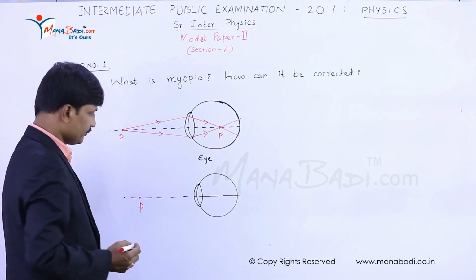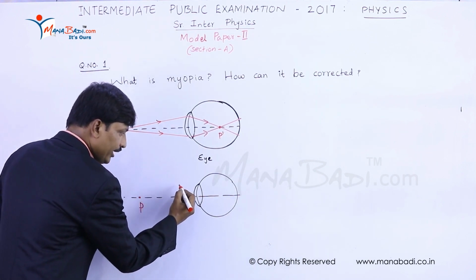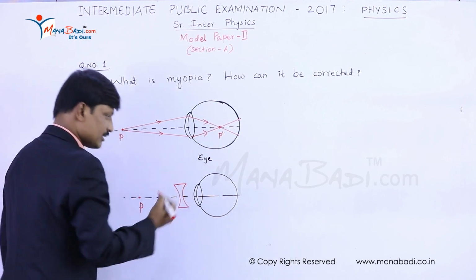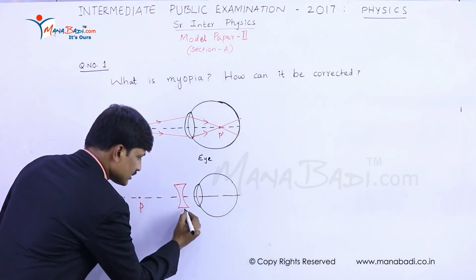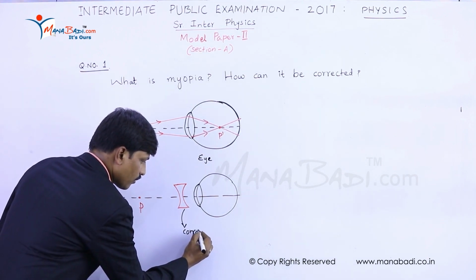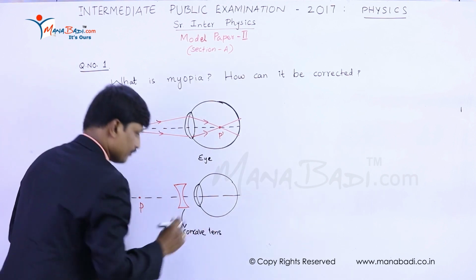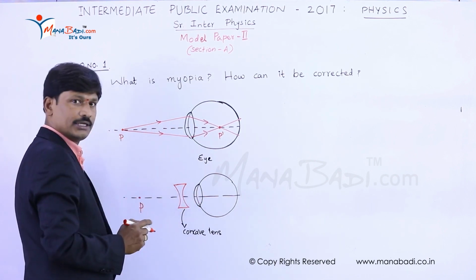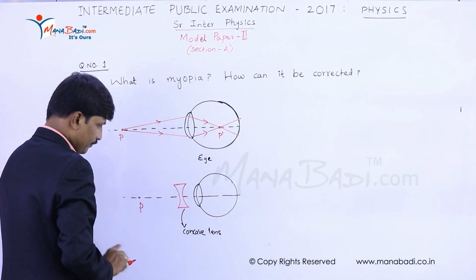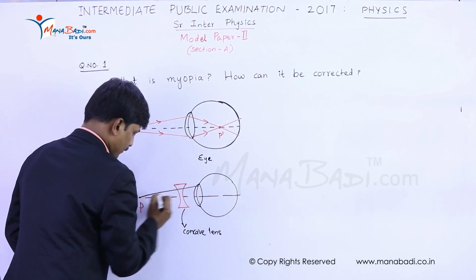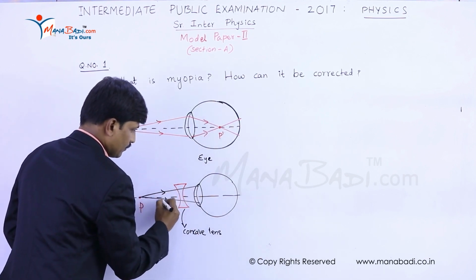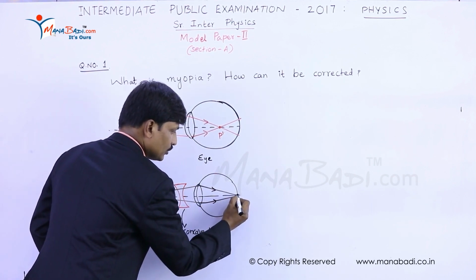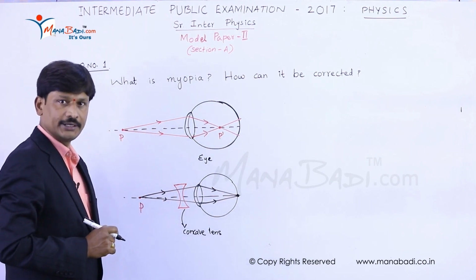P is the distant object. If we consider a diverging lens, also named a concave lens, which has a suitable focal length and is placed in front of the eye, then the final image of the distant object is formed exactly on the retina.